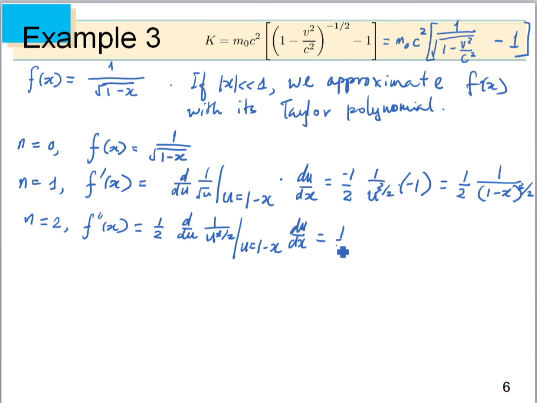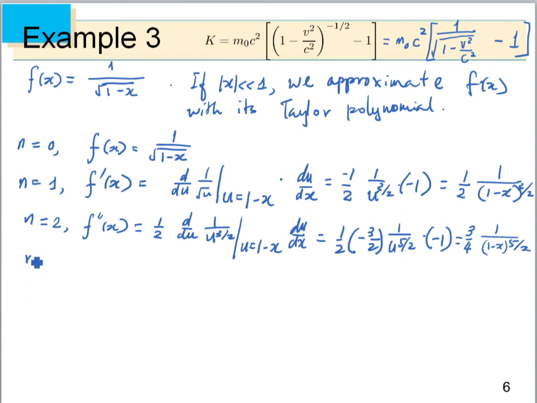Right? After this, I just differentiate the fraction 1 over u to the power of 3 over 2, and that gives me minus 3 over 2 times u to the power of 5 over 2 times du dx. Du dx is always minus 1. So after organizing the terms, I get 3/4 of 1 minus x, oops, this is power of 5 over 2.